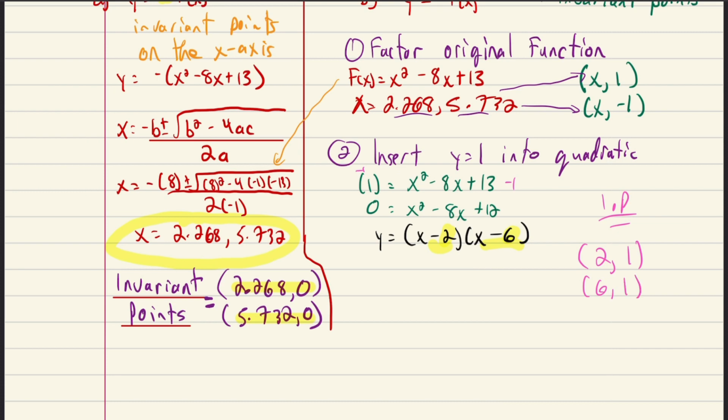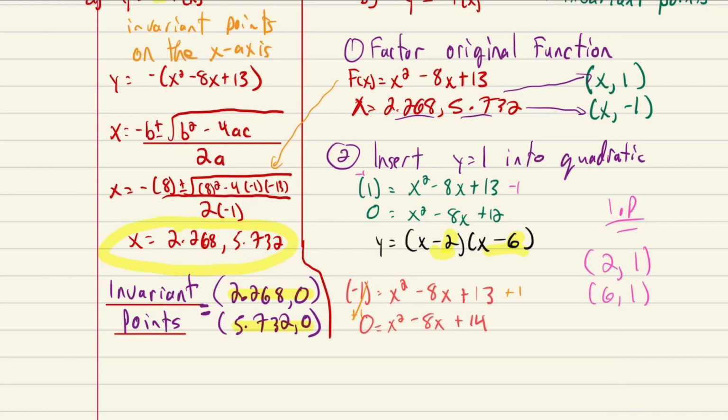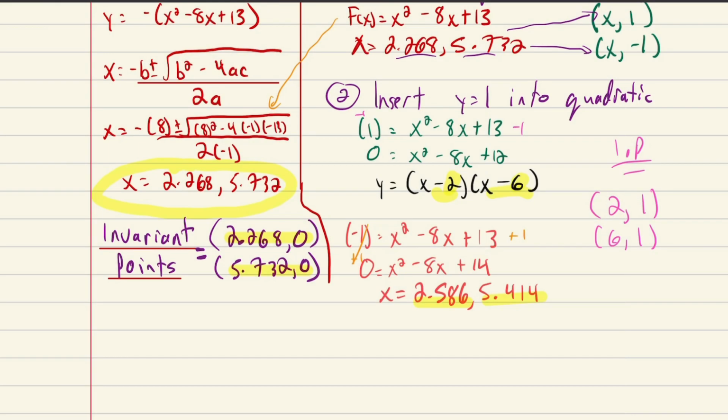Now we're going to do the same thing, but instead of y = 1, we're going to write y = −1. With this new function, we're going to factor it, and again we could use the formula from the previous question, or you could factor it using decomposition. Either way is fine. When we factor this, we get x = 2.586 and x = 5.414.